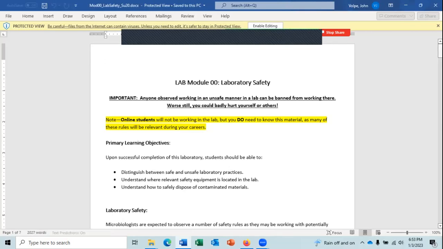So lab module 00, laboratory safety. One problem with this is I don't have it highlighted. You're not going to be working in the lab, but you do need to know this material, as many of these rules will be relevant during your career.